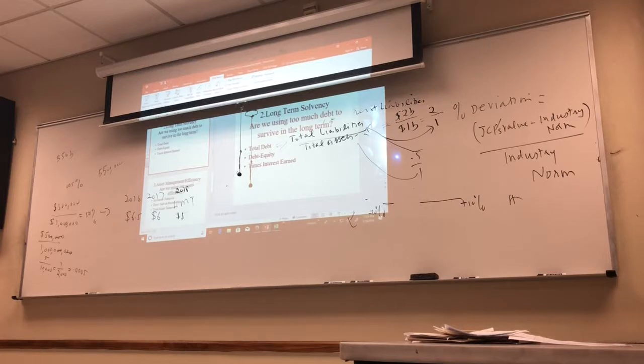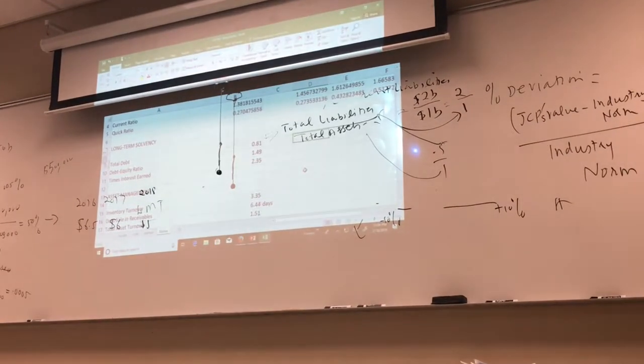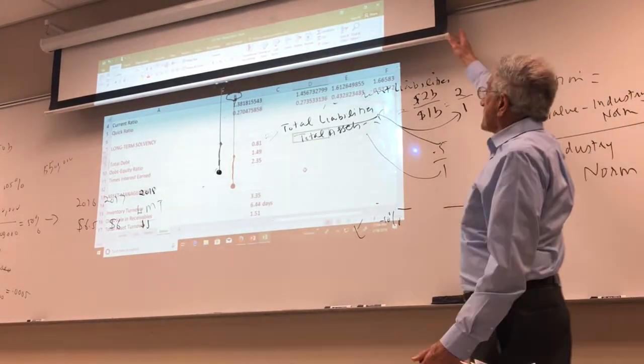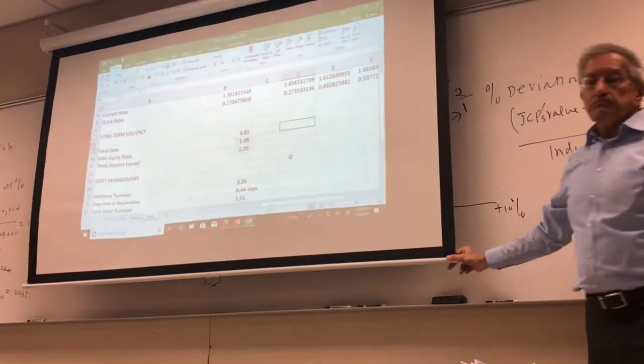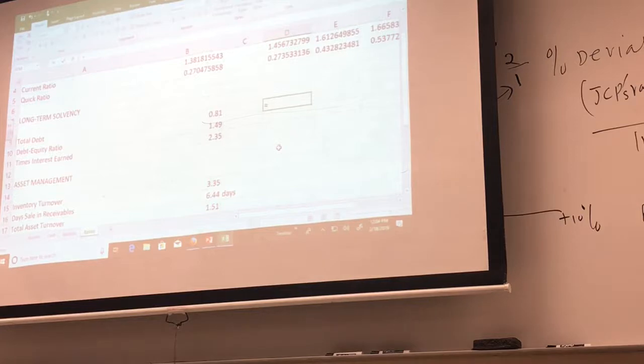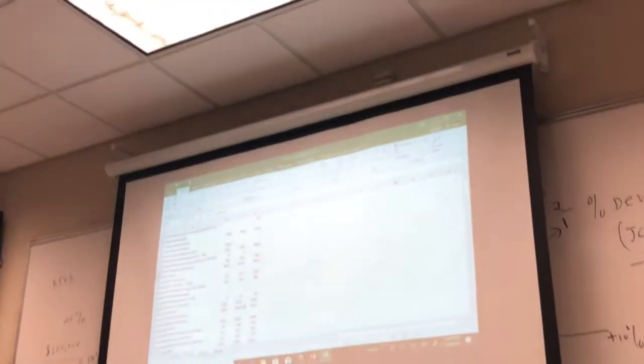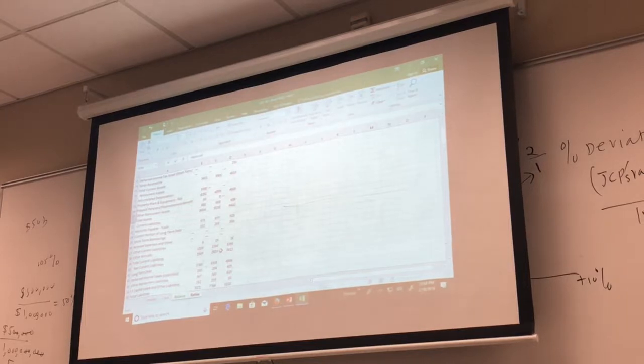Okay, so let's go back. So this is total debt. Click here in this cell D9. Equal sign. Click on balance sheet. Look for total liabilities.